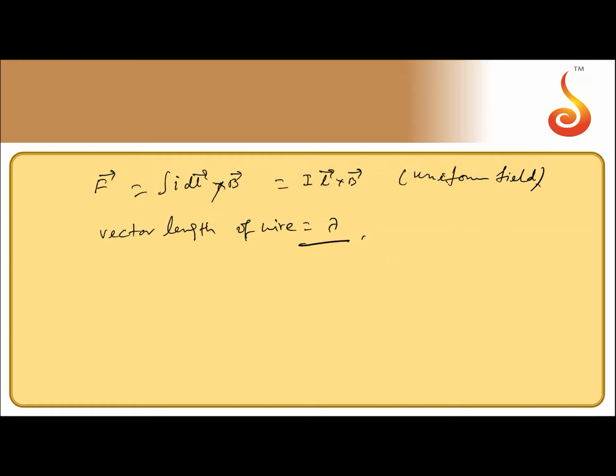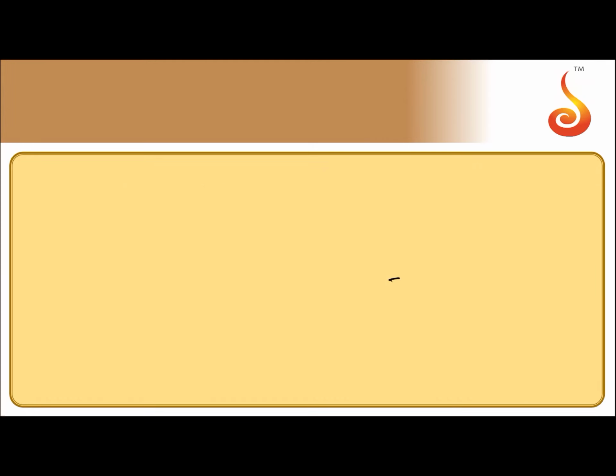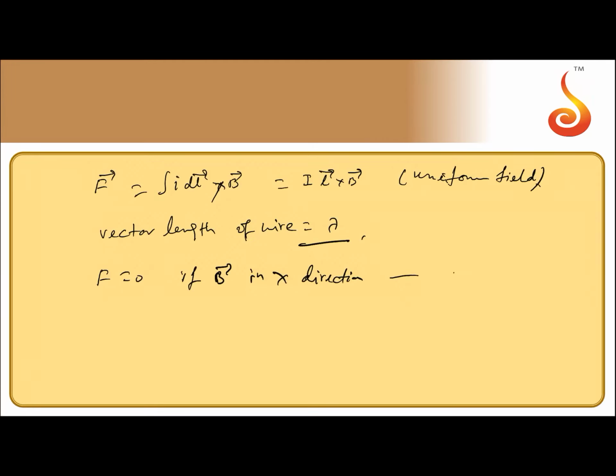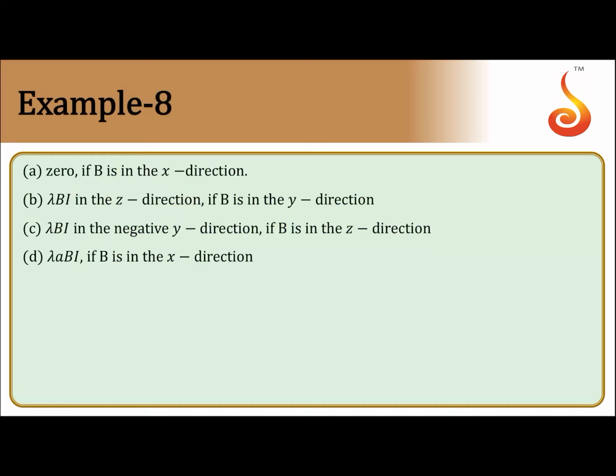So we can see that F will be equal to 0 if B is in the x direction. This is your option A. Option B says lambda B I in the z direction if B is in the y direction.